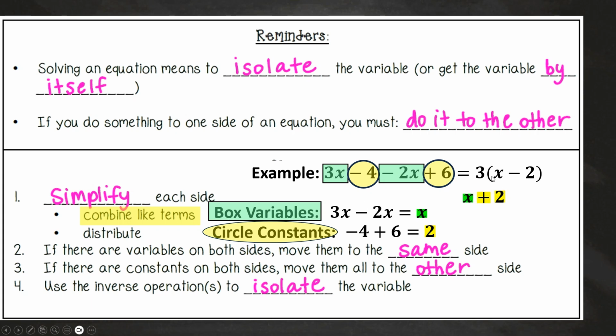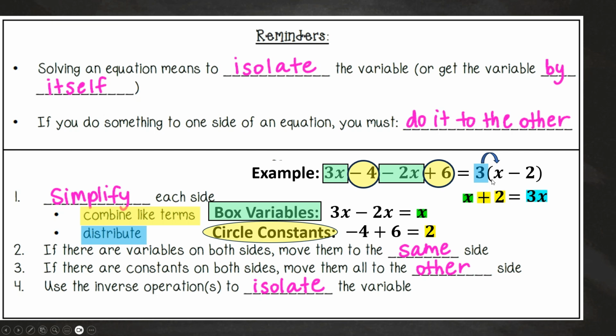Now I'm going to worry about simplifying the right side of this equation, because I have a 3, which is a coefficient, and that's being multiplied times x minus 2. So if I have something that's outside of the parentheses, I have to distribute that coefficient inside the parentheses. So when I distribute this 3, I'm really multiplying 3 times x.